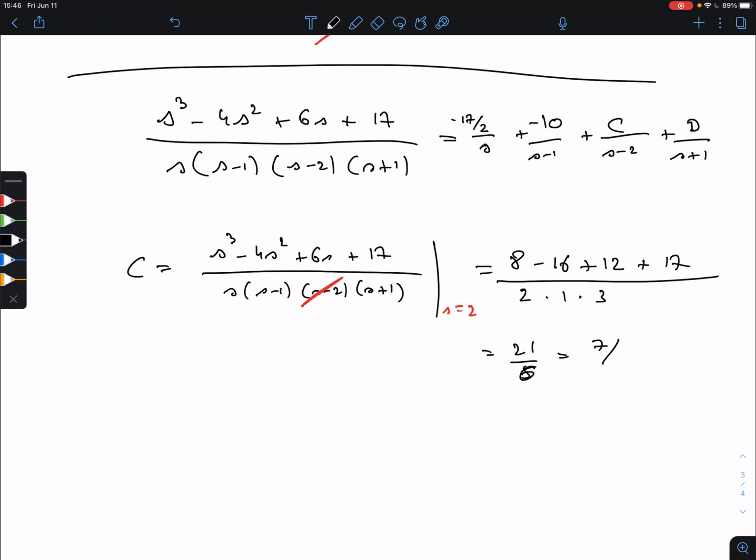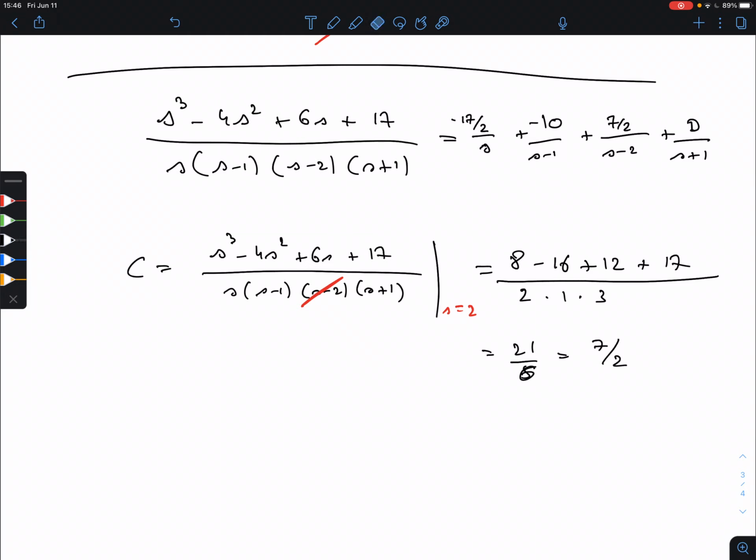If I divide by the common factor 3, I get 7 halves. So C is 7/2. Now I can erase it.